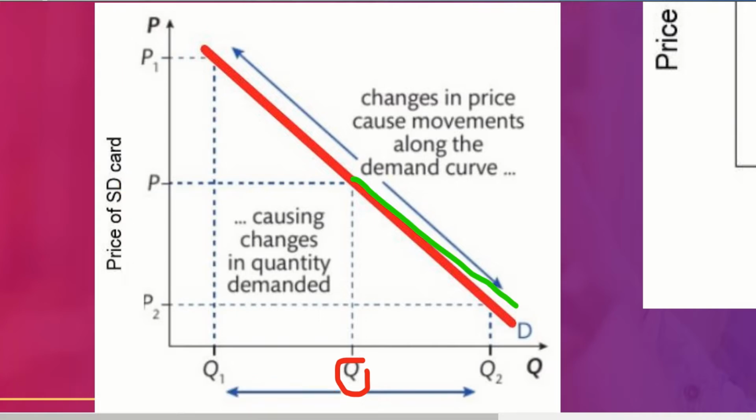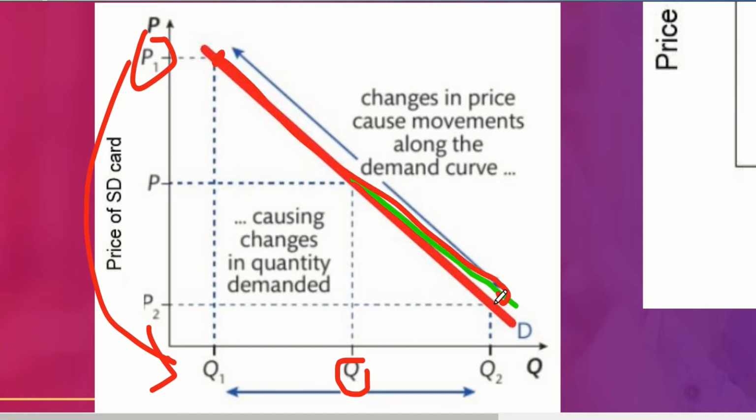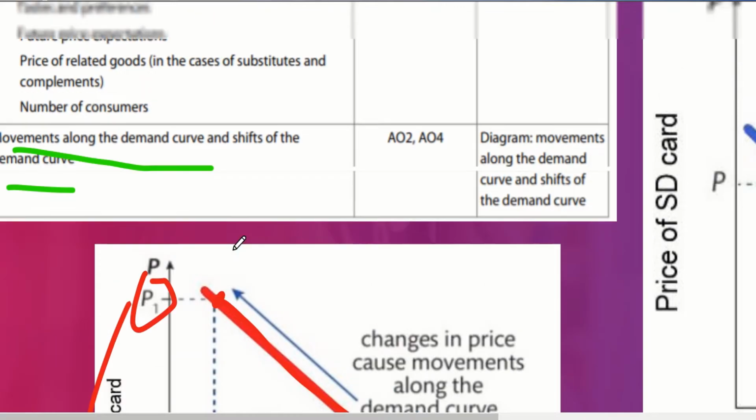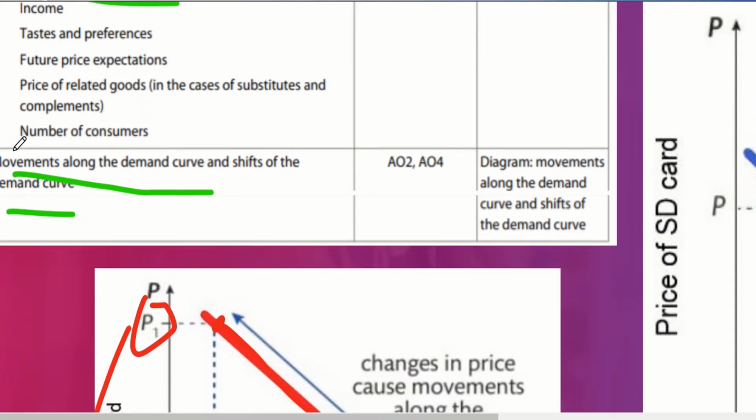Meanwhile, if the price is moving from P1 to P2, then quantity demanded changes from here to here, which means there is an expansion in the quantity demanded. So quantity demanded expansion and contraction takes place because of the change in the price of that product. So movement along the demand curve will take place because of the change in the price.